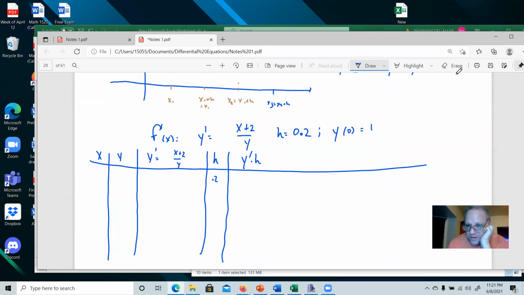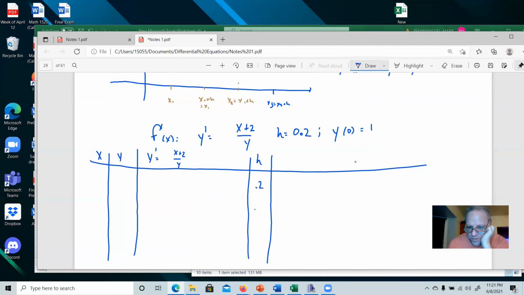I should probably make a little bit more room. Okay, I'm just going to move it over a little bit, because we're going to need some room. We'll say h, and again, you don't have to have the 0.2. Okay, but they're all 0.2. And then h times y prime. And then we'll say our y new is equal to y old plus h times y prime.